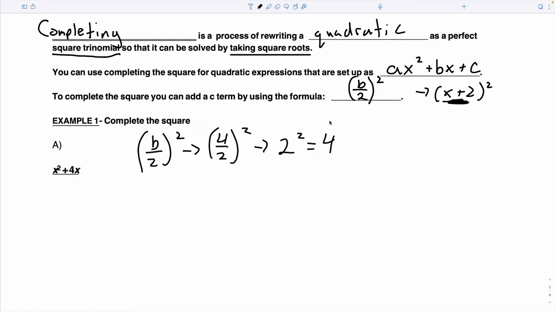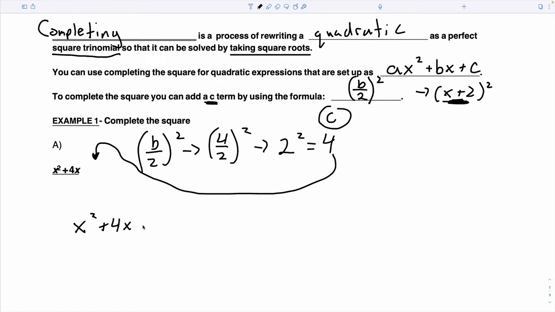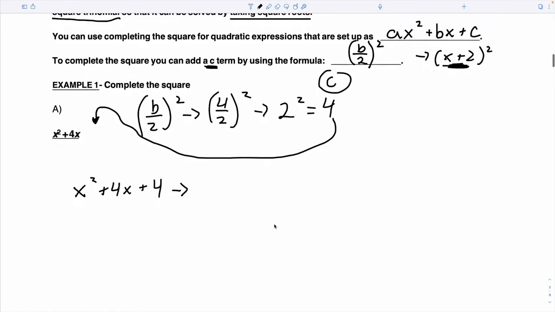That is your new c value. You just found a c term that you can add on. So I'm going to plug that in. And this 4, if I were to place it here, just created a perfect square trinomial.